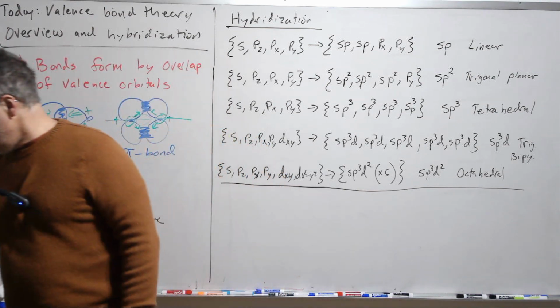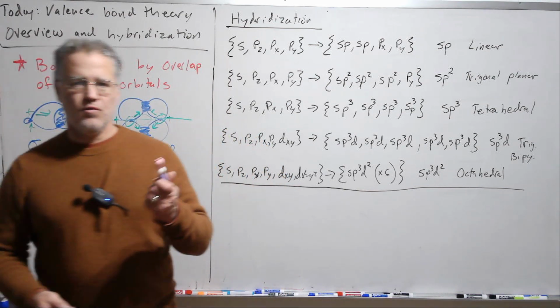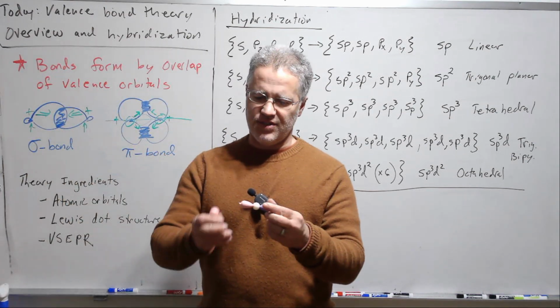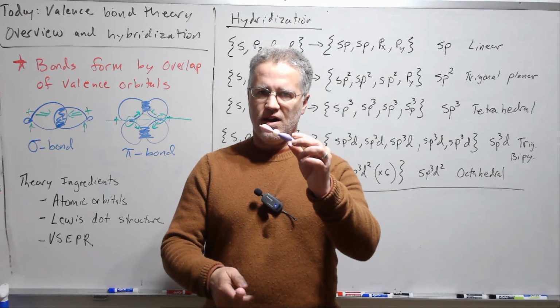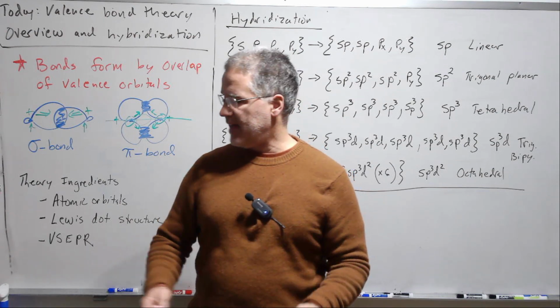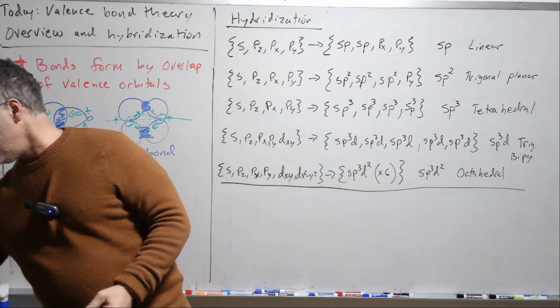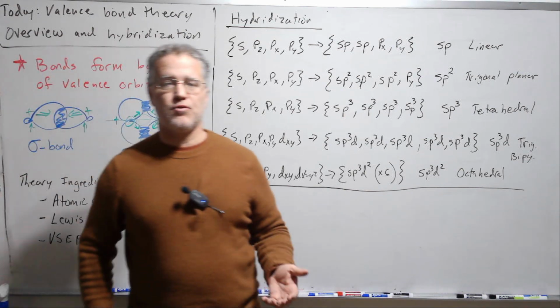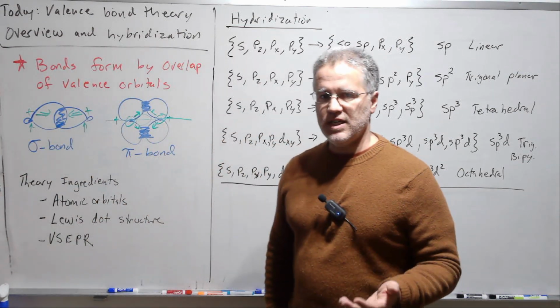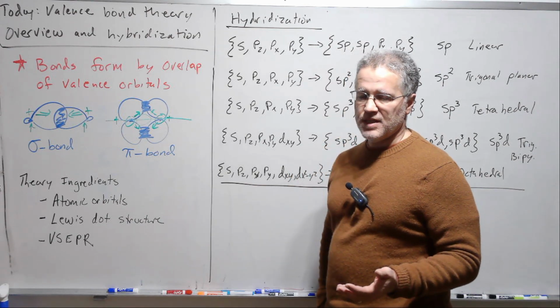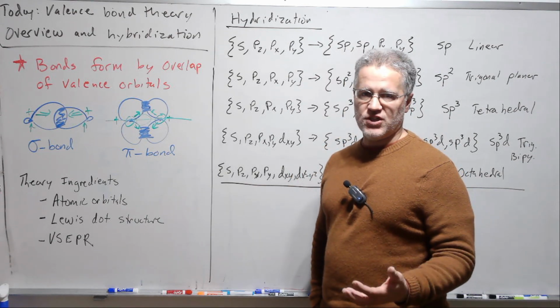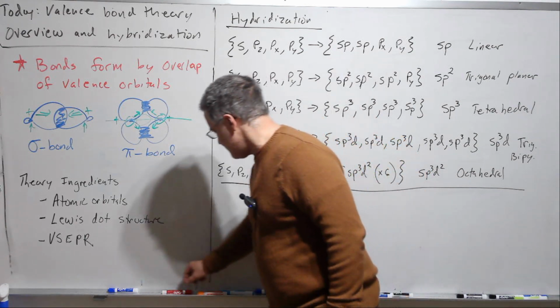So what we need to do is make what are called linear combinations of the p's, the s's, and then sometimes the d's. When we get to the trigonal bipyramidal and the octahedral, we need to include the d's as well. And this process is called hybridization. So let's talk about that.